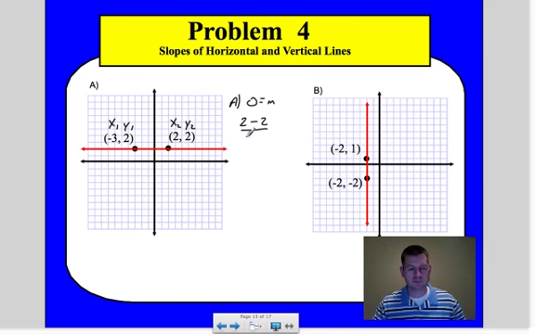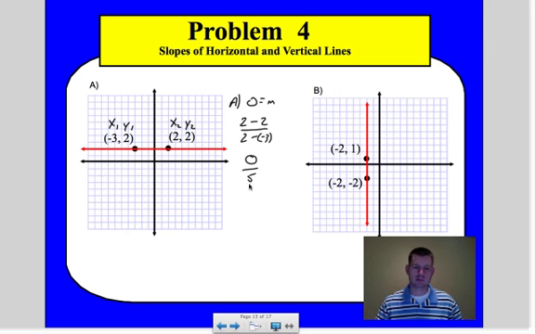Well, that would be 2 minus a negative 3, which simplifies down to 2 minus 2 is 0, over 2 plus 3, which would make that 5. Well, regardless, 0 divided by 5 is always 0. So right there, we know that our slope is 0. So if it's a horizontal line, your slope is always 0. Flat land, think of Indiana, flat land.